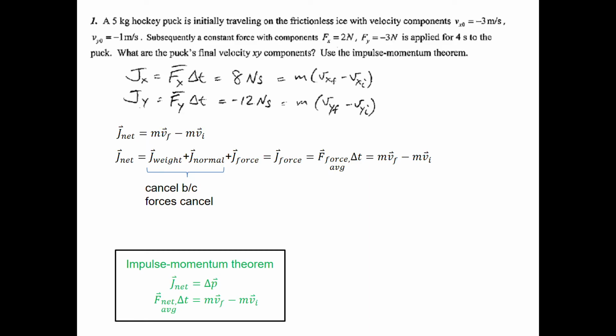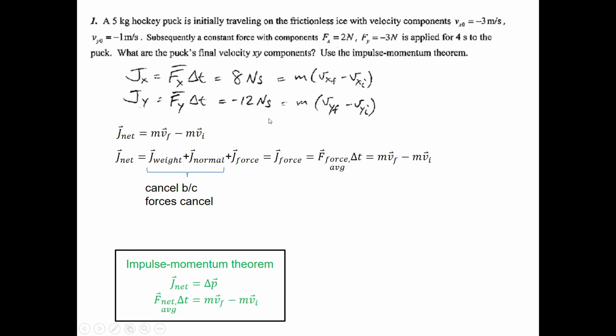So let's apply that up here. The average force x component is just 2 newtons, and the average force y component is -3 newtons. If we multiply those 2 times the 4 seconds, we get 8 newton seconds and -12 newton seconds for the x and y impulse components.